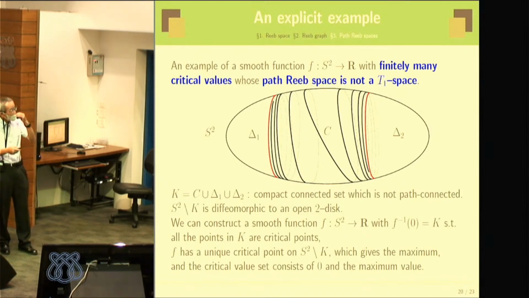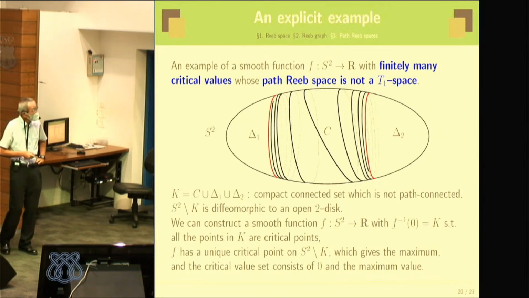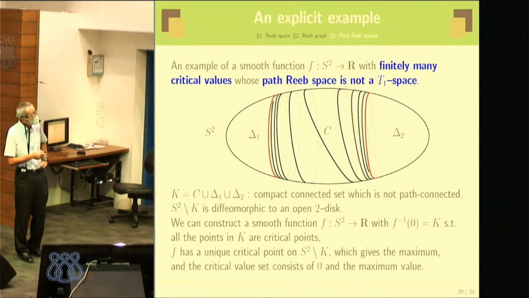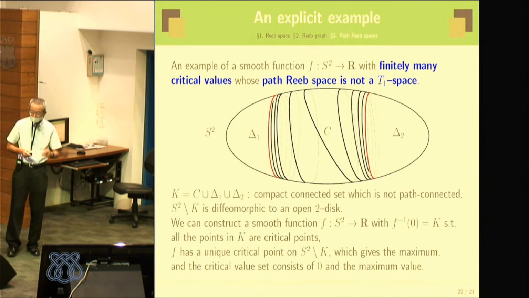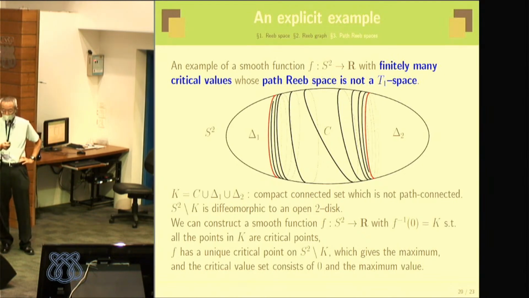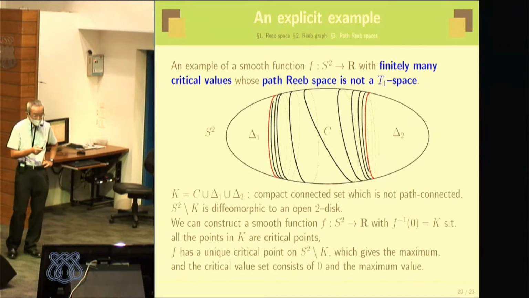And in this case, we can construct a smooth function on the 2-sphere whose zero set coincides with the compact set K. Outside of the compact set K, you have to be careful to construct a smooth function. It must be a smooth function, so you have to be very careful so that you can do differentiations. But anyway, you can do that.